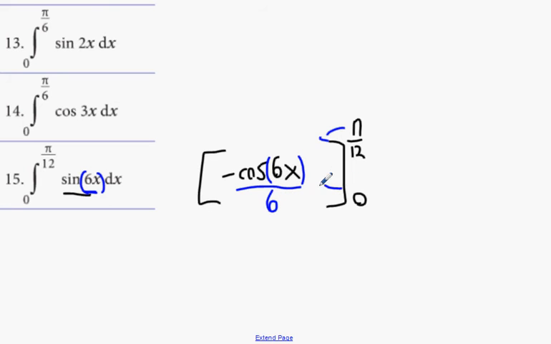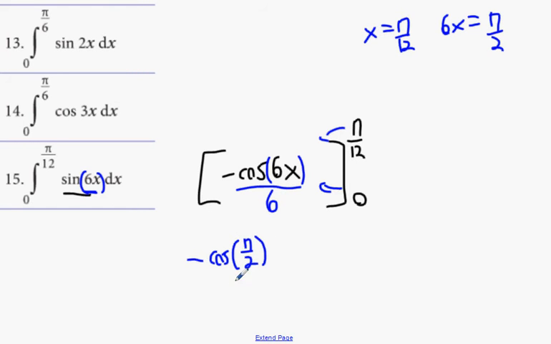And then what you're going to have next is this here, and you have your two limits. So what we're going to get is minus cos. If x equals pi over 12, 6x will equal pi over 2. Pi over 2 over 6 minus bracket.